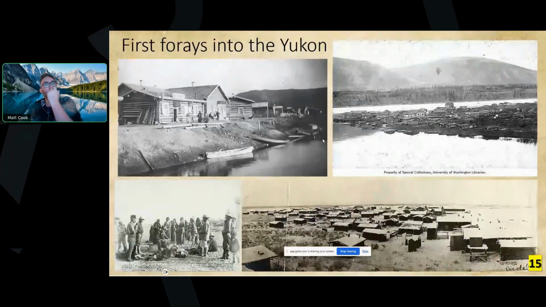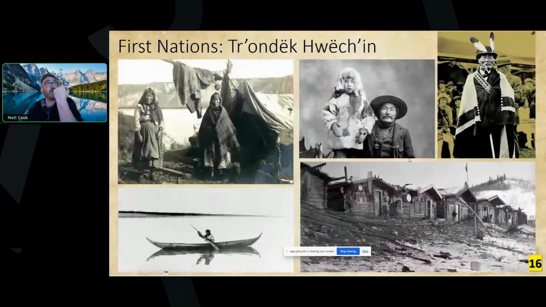So the first forays into the Yukon, as I was saying, were fur traders and the odd prospector chancing their way up the rivers. They're moving into an area populated by the local Klondike people. They had lived in this region for at least 14,000 years, and in the 1890s they were largely oblivious to Canada, the Dominion of Canada in Ottawa, and the border with the United States.